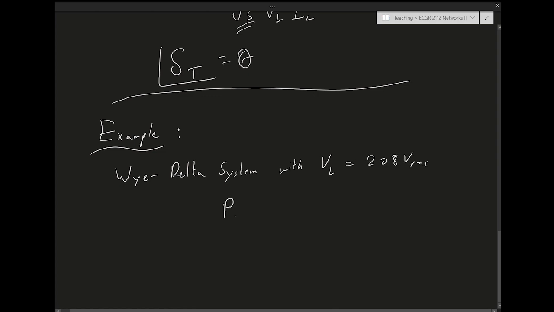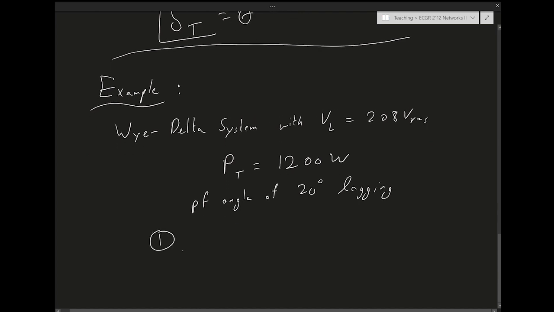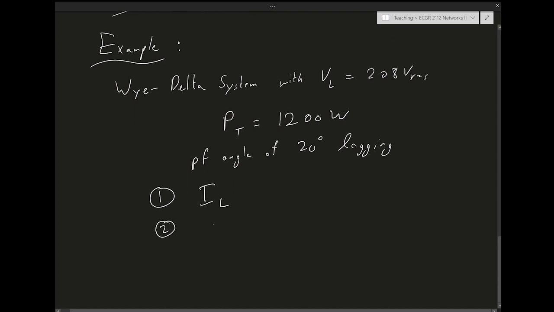The total power consumed by this system we know to be 1200 watts. And there's a power factor angle of 20 degrees lagging. Okay, so what we need to determine is two things. The magnitude of the line current, IL, and Z, the value of the impedance per phase.